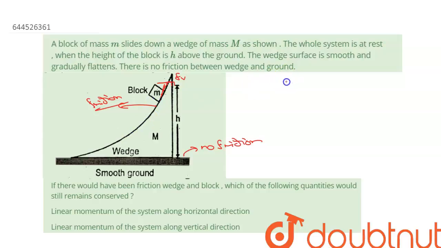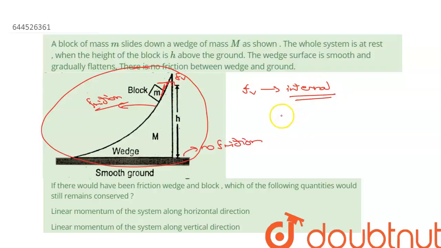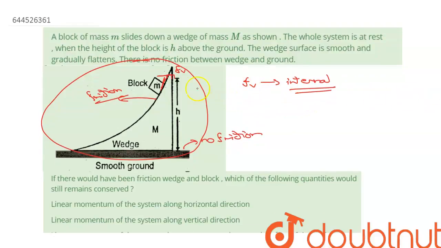block is sliding. But the thing that should be noted is that this frictional force is an internal force for the system. The system being this wedge and this block, so it is an internal force. What that means is that this frictional force will have two components, along the x-axis and along the y-axis.